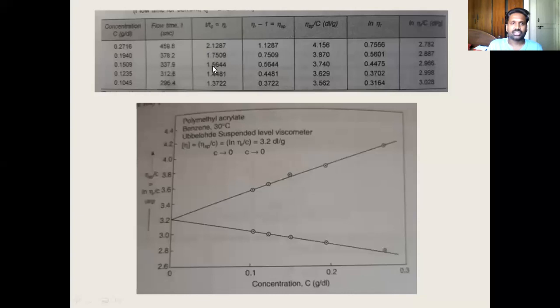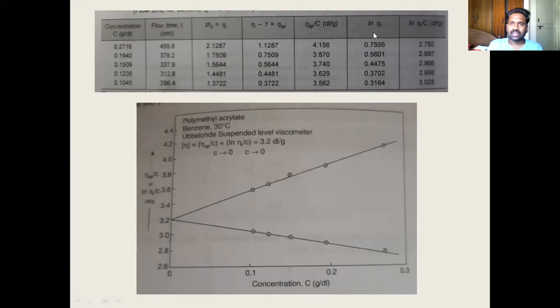So do it. As you see, straight away, the relative viscosity is increasing with increasing concentration, right? See here, the relative viscosity is increasing with increasing concentration. And then you have also specific viscosity, which is again increasing. So all viscosities increase. And finally, you have to find out the intrinsic viscosity.